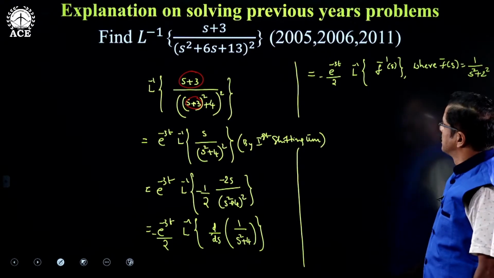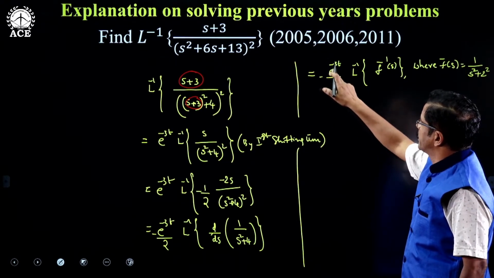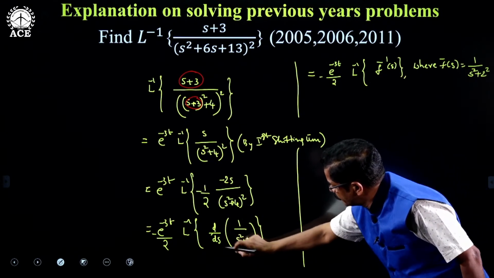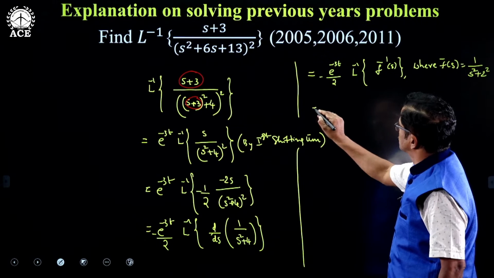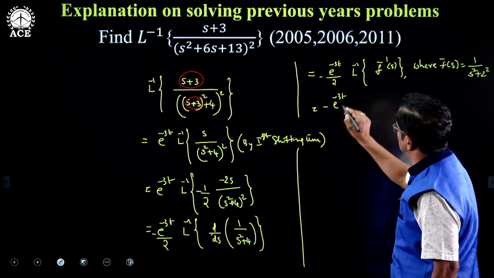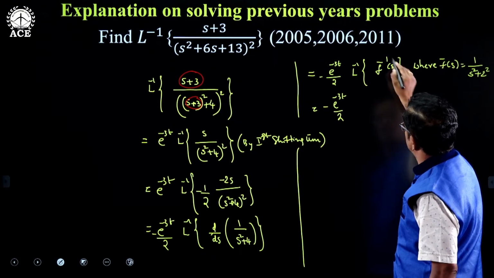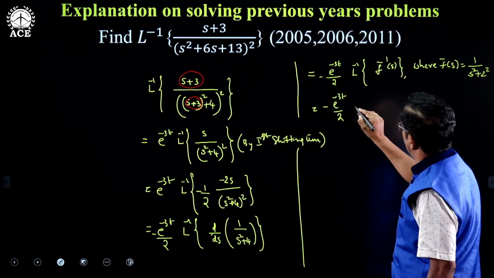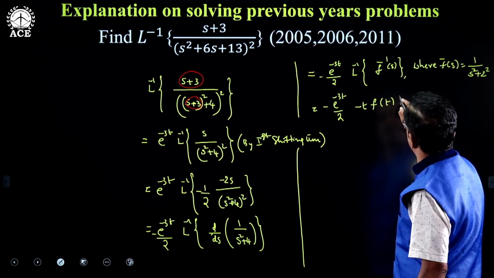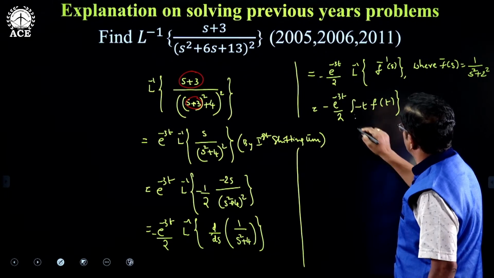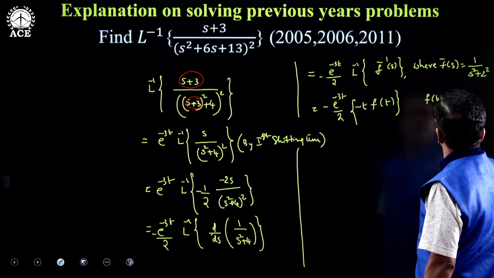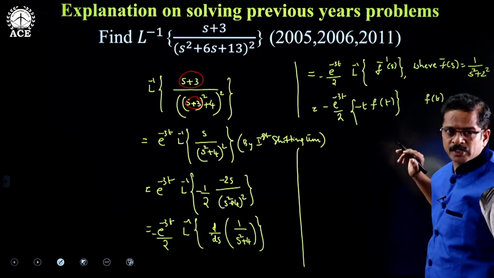Okay, which is equals to minus e power minus 3t by 2 L inverse of f bar dash of s. This totally becomes minus t into f of t, by Laplace transform of derivatives, where f of t is L inverse of 1 by (s square plus 2 square).